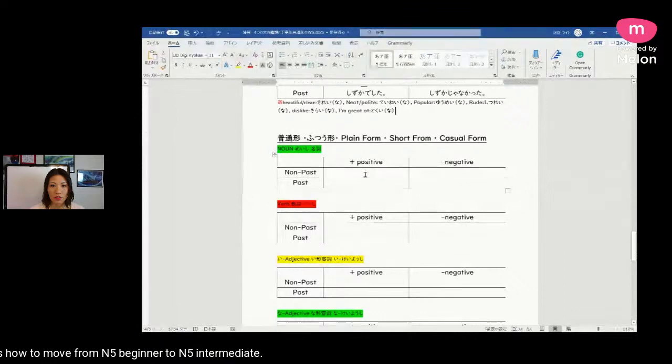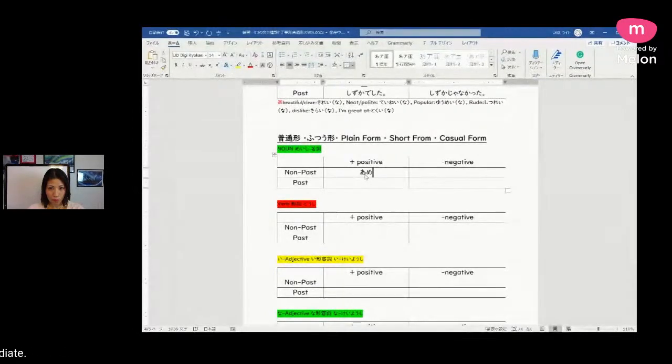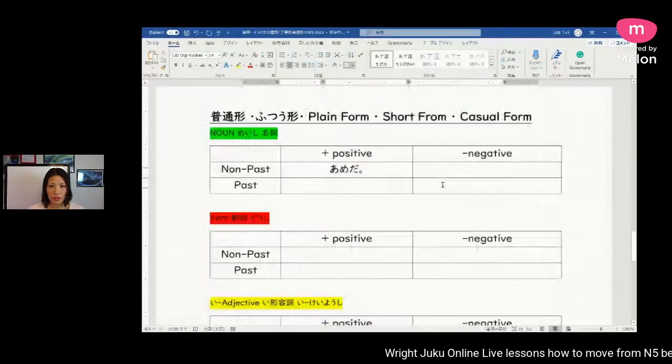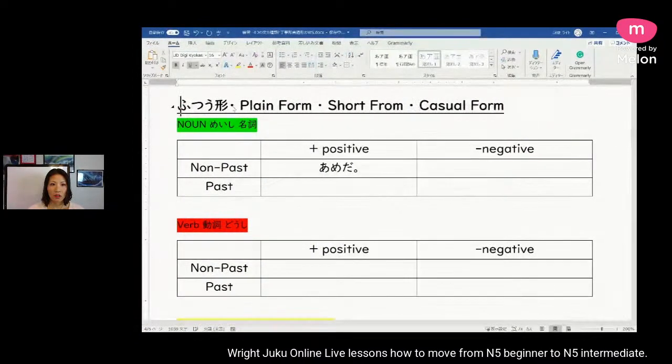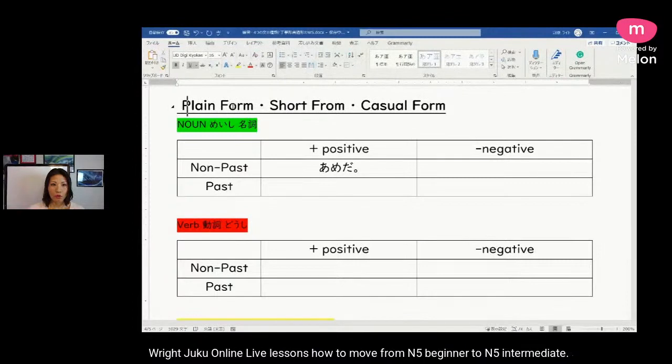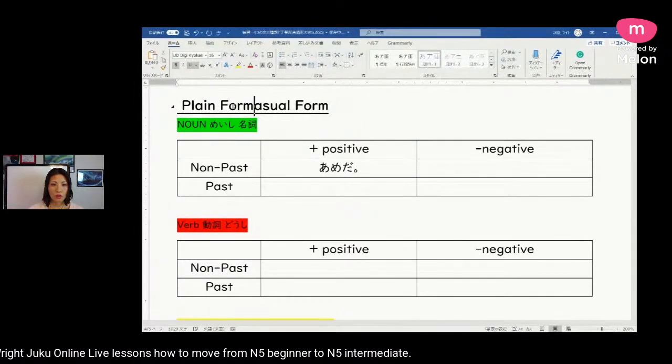Okay, let's start here. We use ame. So the plain form, non-past positive, ameda. I'll give you some time to finish this table. The title is plain form. Don't forget the title. We are going to organize the plain form here.